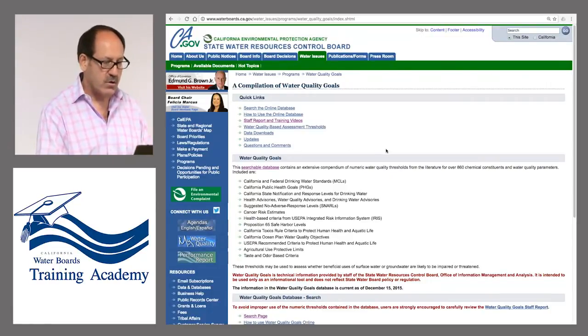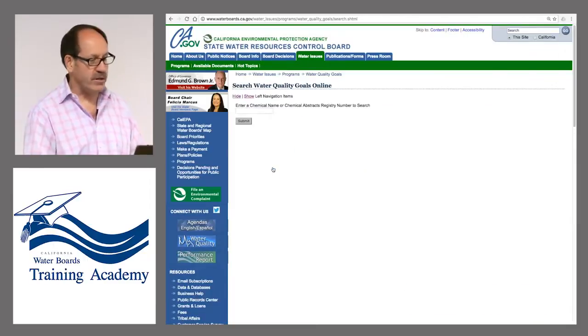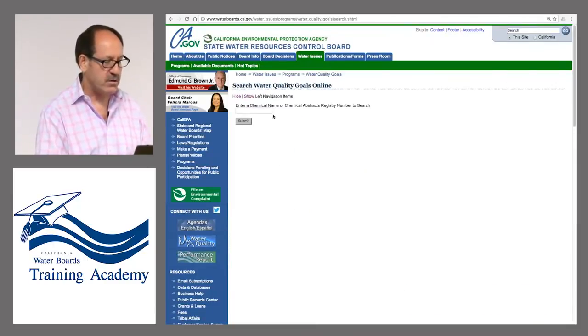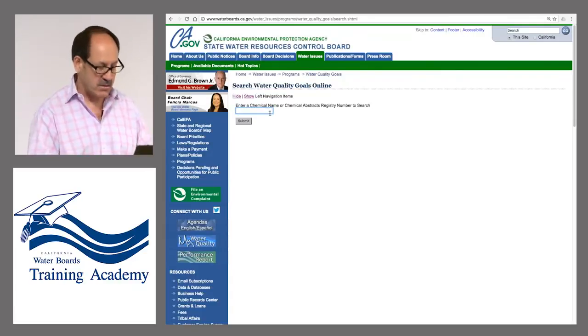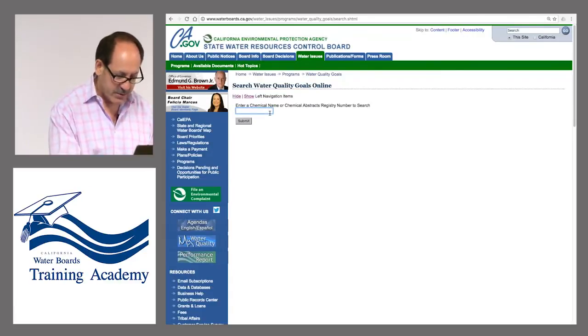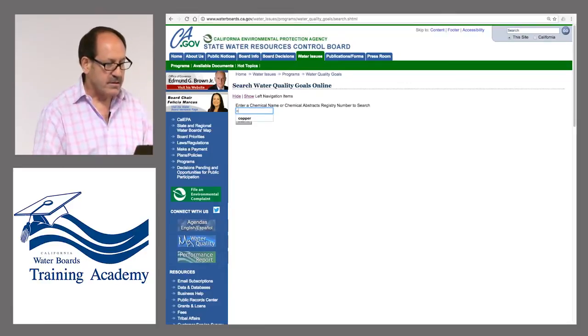Okay, so let's look at the searchable database. It's a very simple interface to find what you're looking for. You simply have an entry area where you can type in something. We're going to look at copper, because it gives me a number of things that I can demo for you.